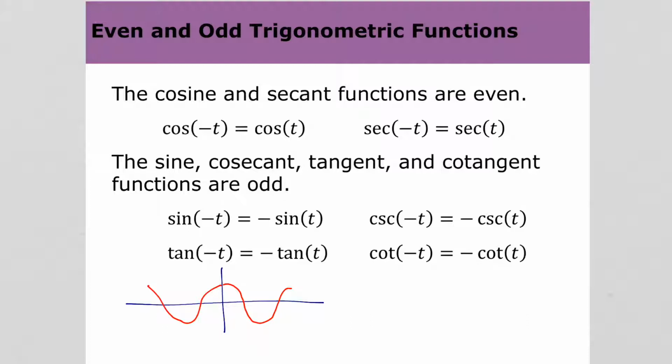So if you have the cosine of a negative point, that would be negative pi over 2, the cosine of negative pi over 2 would be 0. And the cosine of pi over 2 is 0. That's why we can say that the cosine of negative t is equal to the cosine of t.